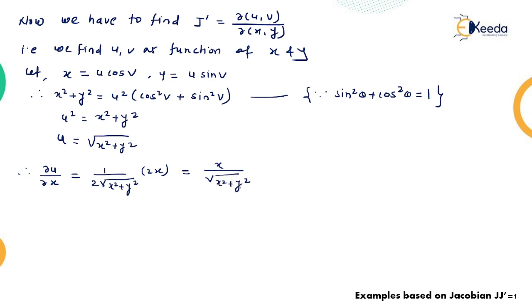Similarly, dou u by dou y is 1 upon 2 under root x square plus y square, times 2y, the 2 is cancelled, and the remaining is y upon under root x square plus y square.